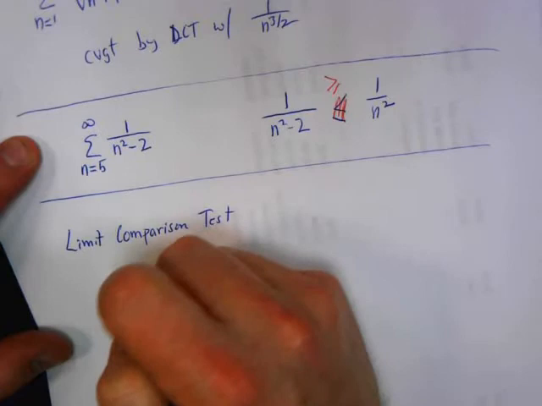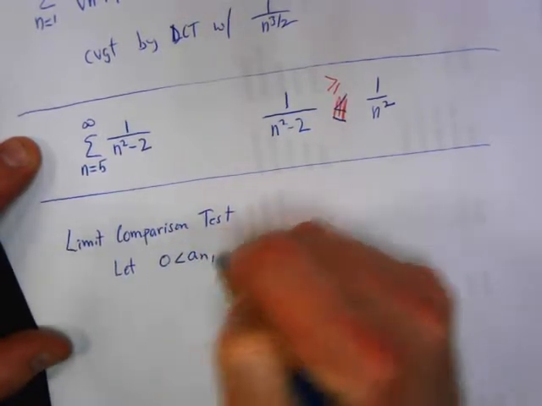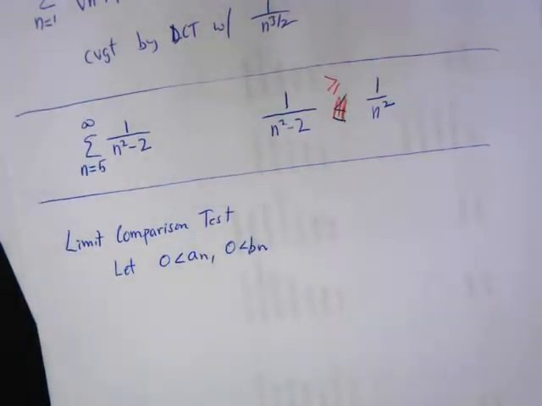The limit comparison test says let 0 be less than a_n and 0 be less than b_n. Again, I need those two things to be positive.